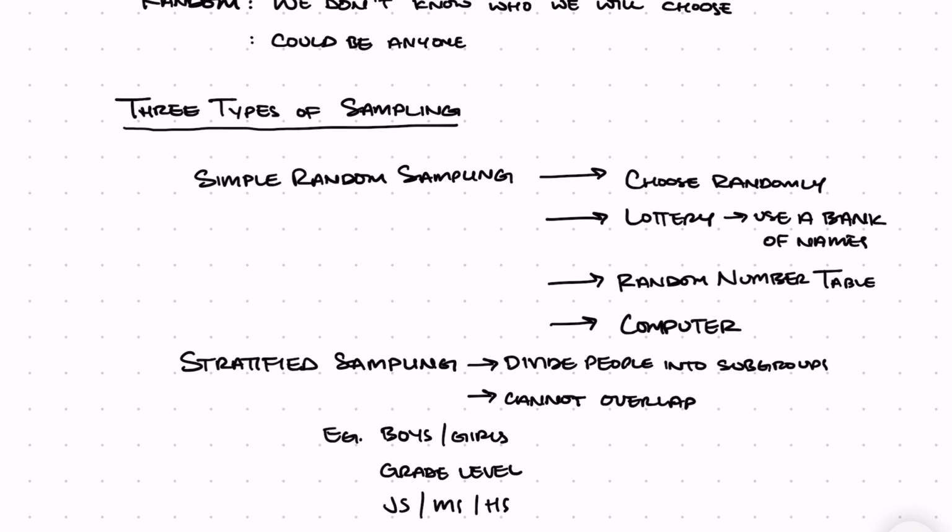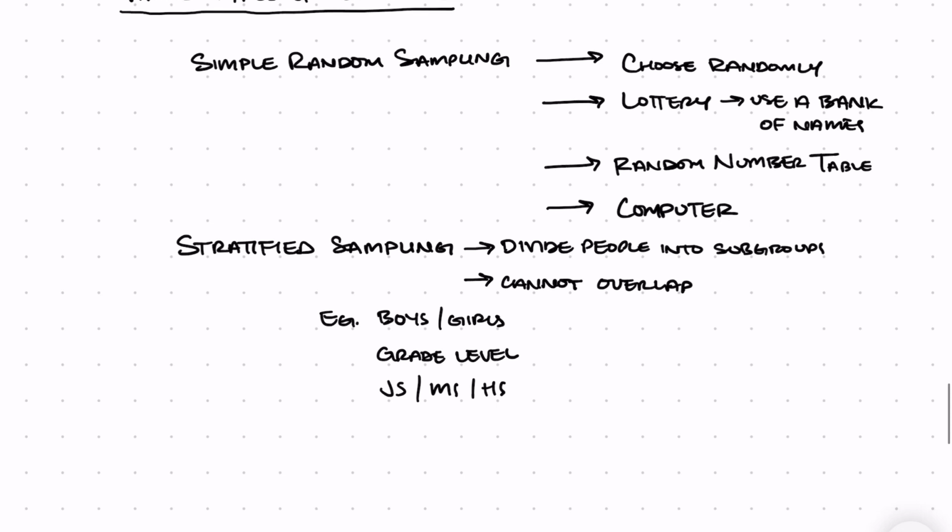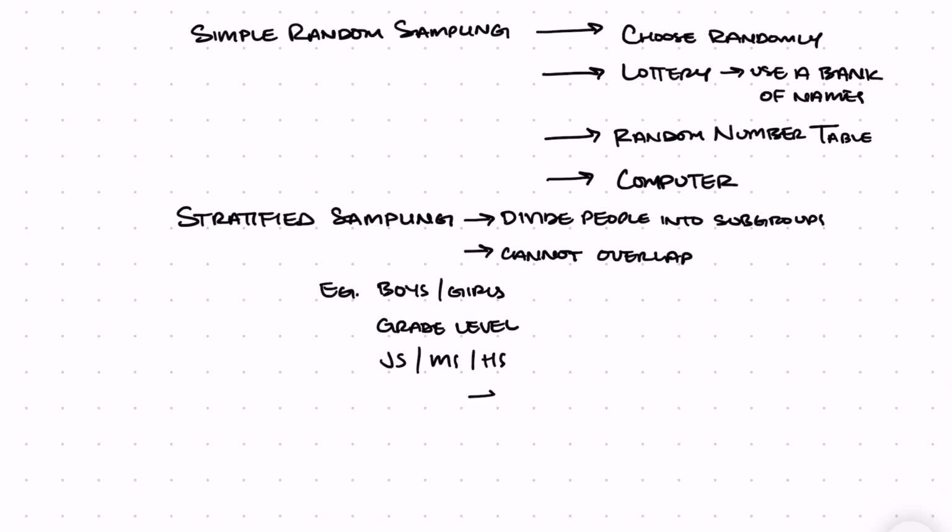All right, so now what you do is you divide them into those subgroups first, and then after you're done, you choose certain amounts of people from each.